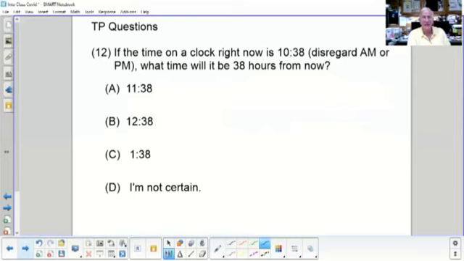Okay. Now, how many hours have we gone through? 36 of them, right? 3 12s is 36. So to be 38 hours ahead of where we were, wouldn't that be 2 hours later than 10:38? So it would appear our time would be what? 12:38.